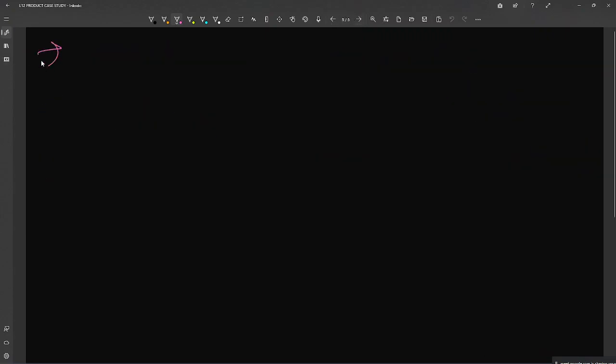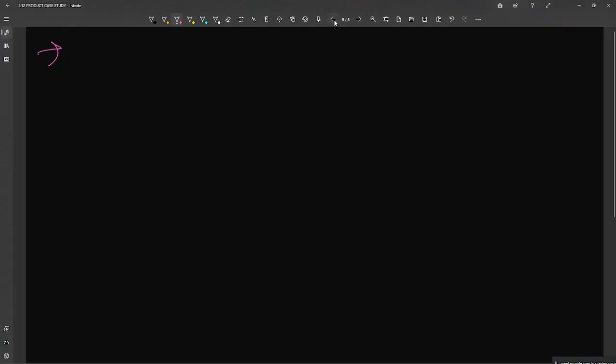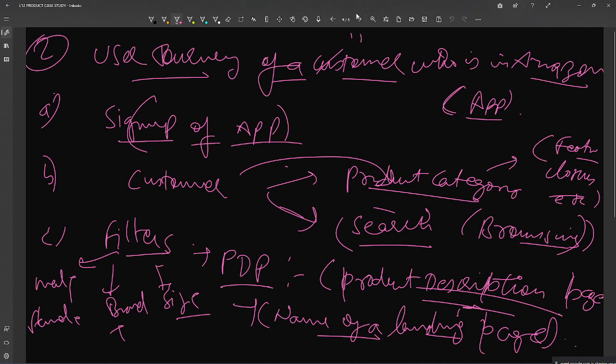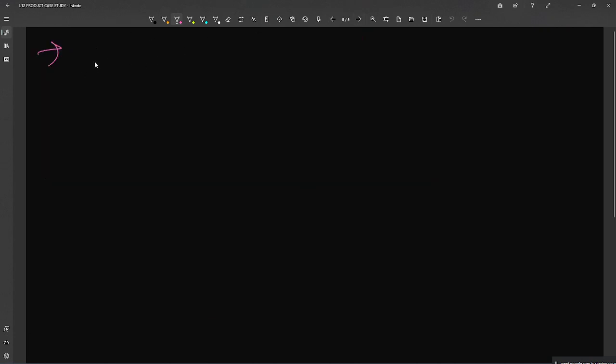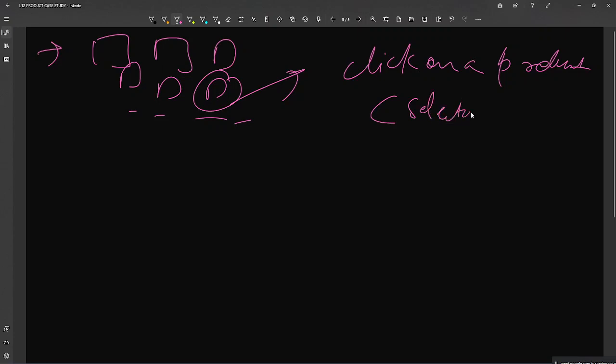Selection of product. Okay. Let's say there are so many products, and let's say I choose this product. When a user clicks on a product, we classify it as selecting a product.